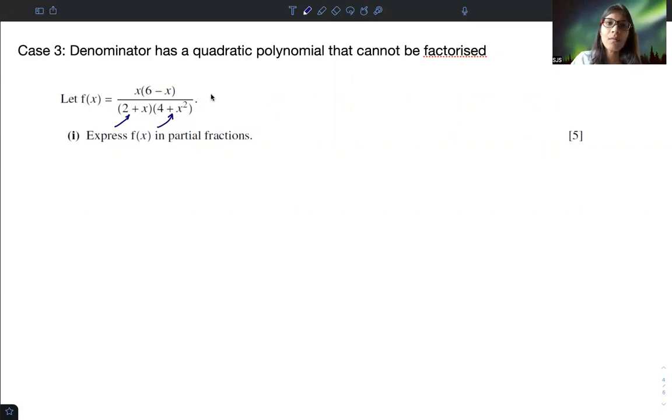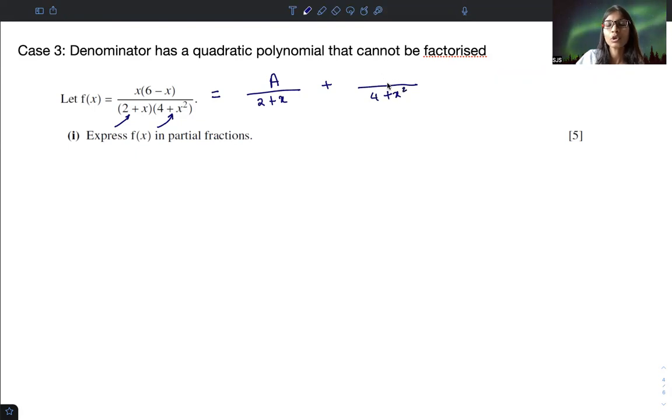As I said earlier, whatever is the degree of the denominator, the degree of the numerator in the partial fraction is going to be 1 less. So we have a linear polynomial. Its numerator will be just a constant a over 2 plus x. And now we have another one which is a quadratic and that cannot be factorized.